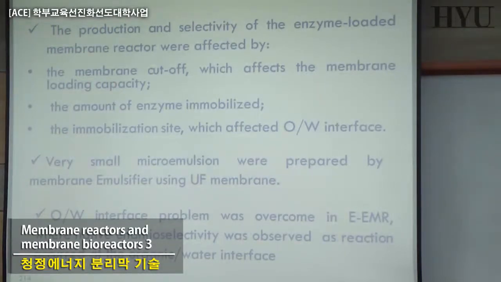And on this one, there are a lot of other interesting opportunities, for example, to increase the efficiency of the penetration of the substrate in the enzymatic membranes. You can operate by making microemulsions.